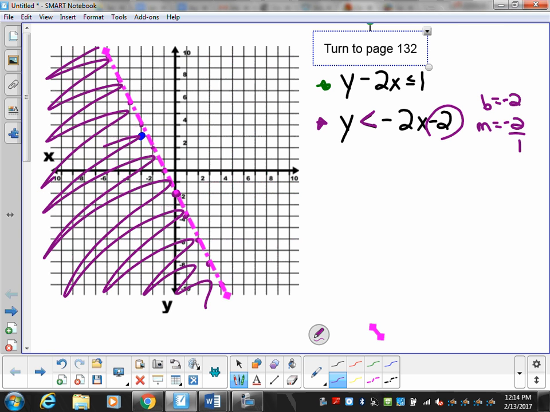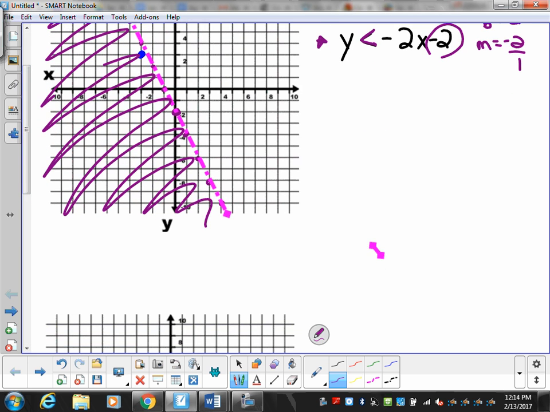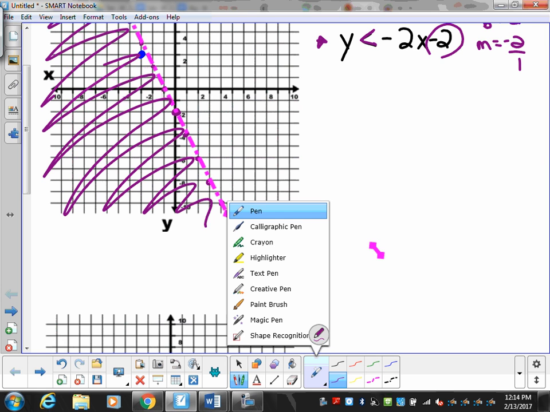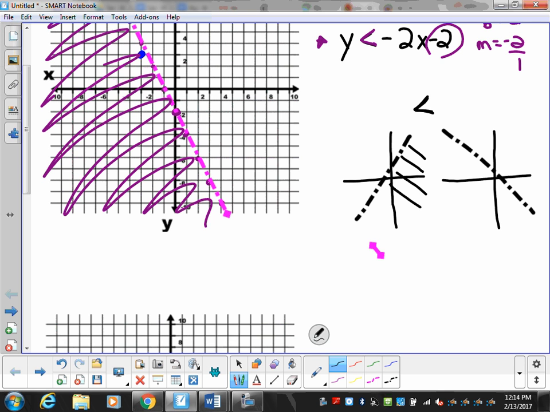Anytime you see a less than symbol, you're shading down. If I have a less than symbol and the line is slanted this direction, then shading is always this way.